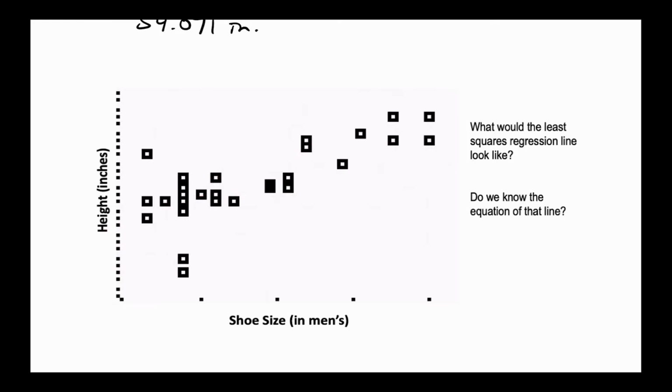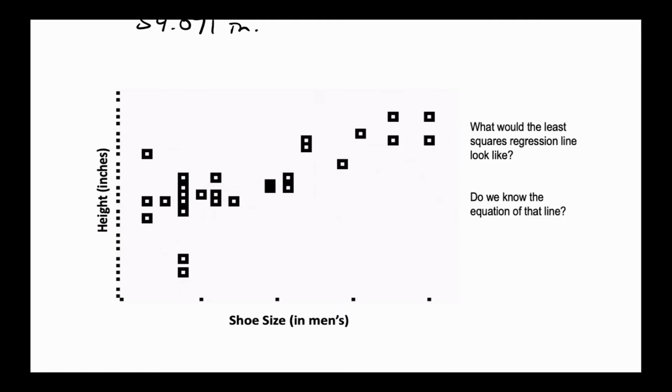There's a lot of options there, but the one that best fits every single one of these points, not just a few of them. Like these down here are a little low. Their height is a little short for their shoe size. I would expect a higher compared to everyone else. But you also have to take into account every single one of these dots.